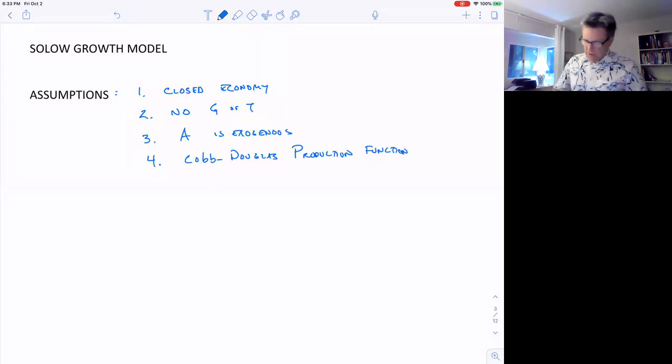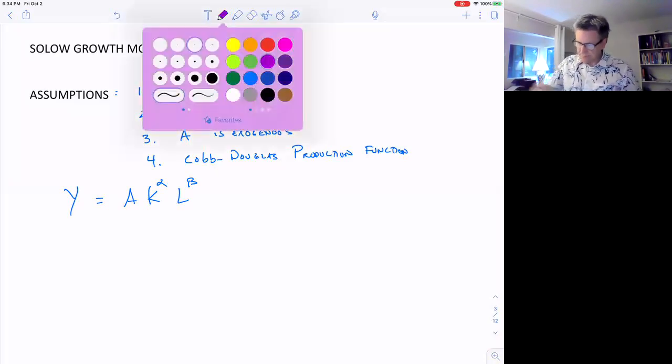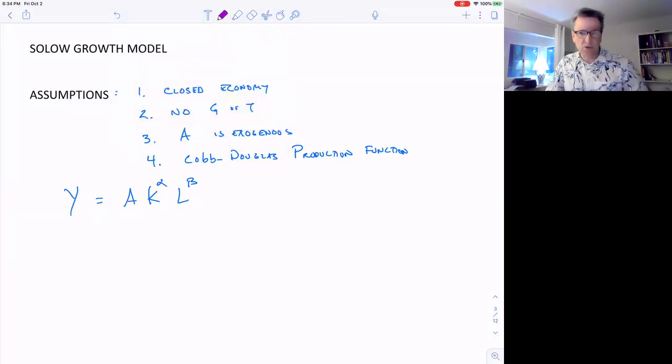Okay, so we'll start off here with the Cobb-Douglas production function, which is y equals A k to the alpha, labor to the beta, where alpha and beta add up to 1, and alpha and beta are both greater than 0 and less than 1. And we're going to make a little change to it here. We're going to put in a time subscript.